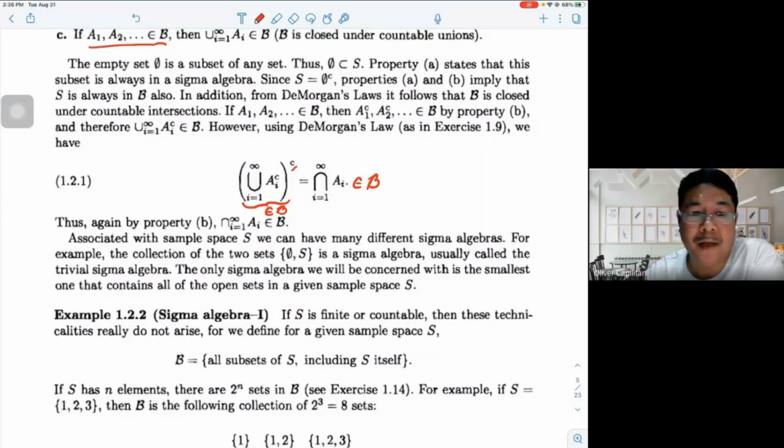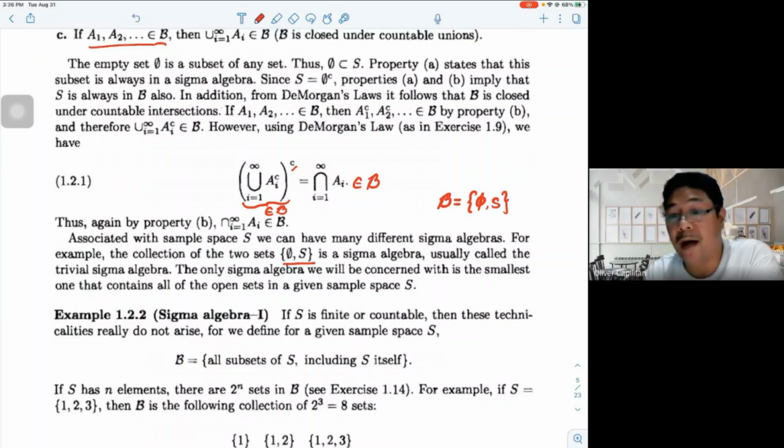For example, take this collection of two sets: our script B here is the set containing the empty set as well as the sample space S. This is a sigma algebra because script B satisfies the three properties. We're going to check.